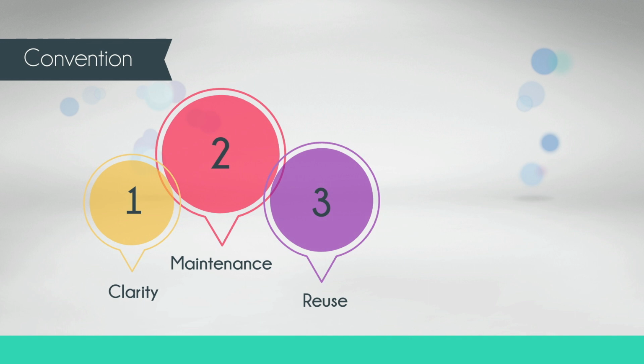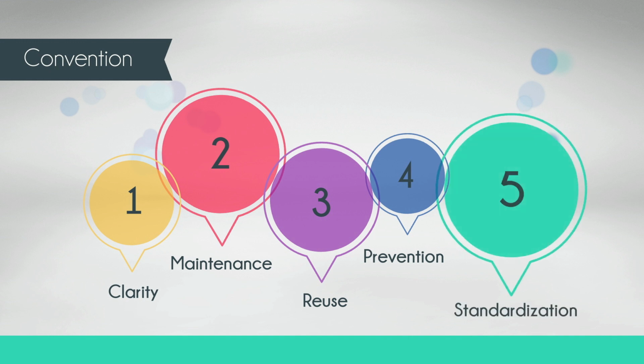Allowing developers to reuse variables in other programs or in other parts of the same program. 4. Error prevention. By using a naming convention, developers can avoid syntax errors or programming errors related to the use of inconsistent variable names. And finally, 5. Standardization. This allows developers to work in a standardized way, thus facilitating collaboration and mutual understanding of the different parts of the program.